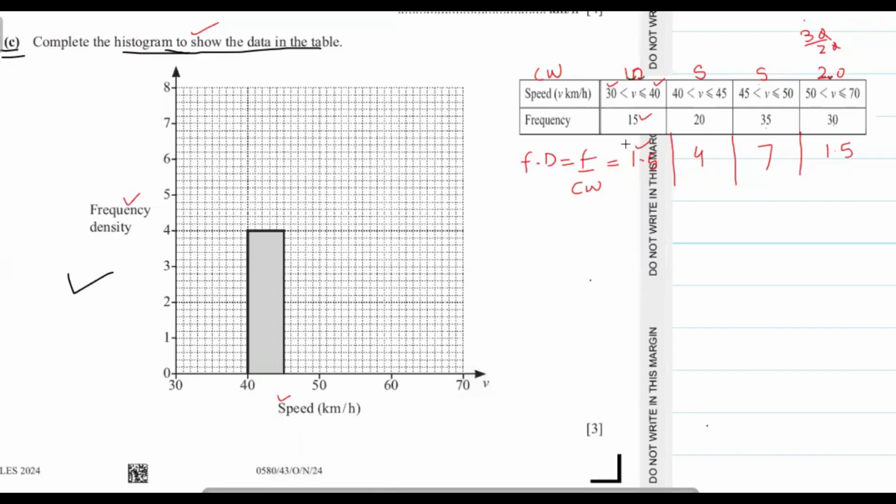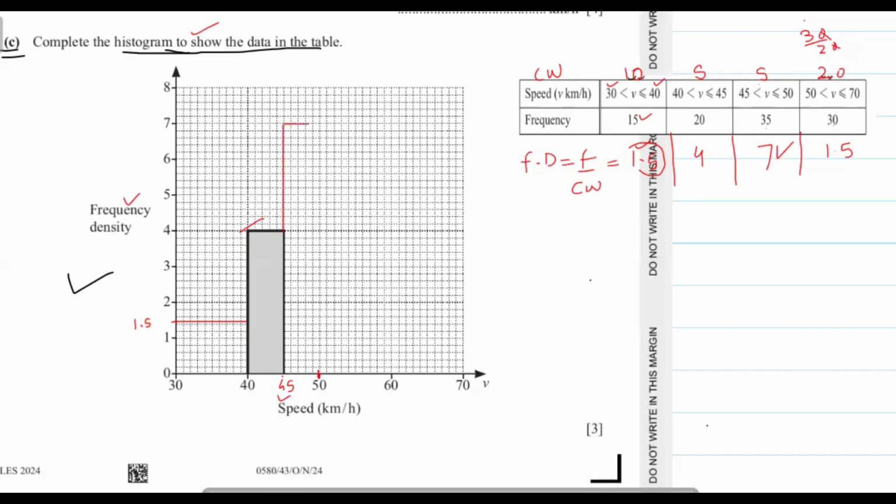Now we will draw the bars. First bar having a width 30 to 40 and the height will be 1.5. This is the position 1.5. Therefore, we will draw this line, and this shows the height of the bar will be 1.5. Next bar width is 40 to 45, and the height will be 4. This is already mentioned. And next, this third bar having the width 45 to 50 and the height will be 7.